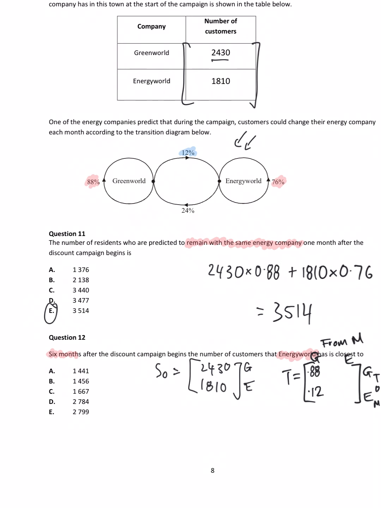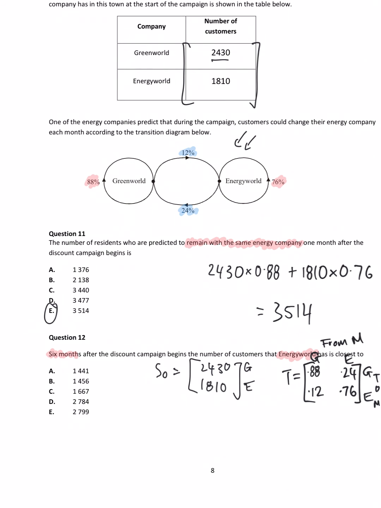With Energy World, we know that 76% of the customers that are in Energy World will stay in Energy World the next month. So this one's 0.76. And then the ones who are moving from Energy World to Green World is this 24%. Again, it should add to 1 anyway, but that's 0.24 there.